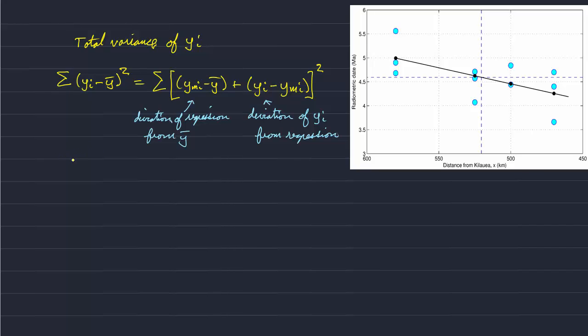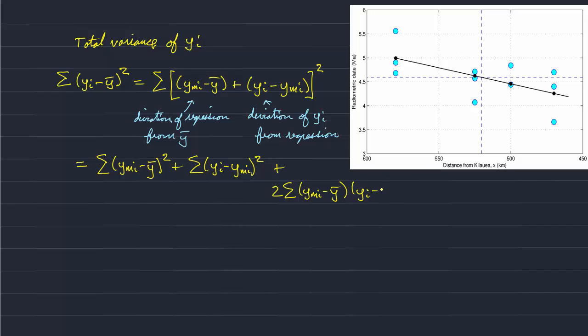So let's expand that out. Let's carry out a little bit of algebra, and we can write that as the sum over all i going from 1 to n of our deviations of our regression from our mean squared, plus the sum over all i of each data point from our regression squared, plus our cross term, which is 2 times the sum over all i of our model values minus the mean times y i minus the model values.